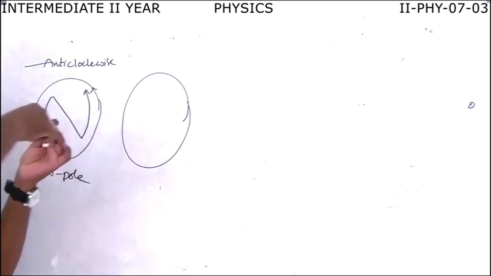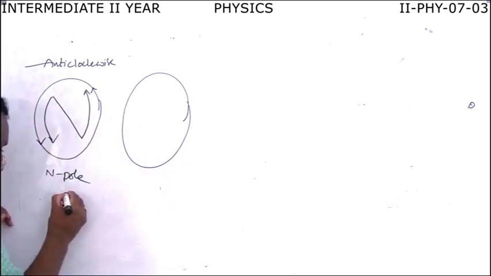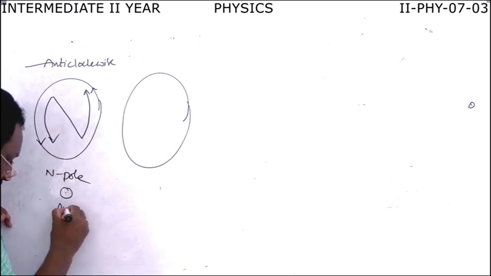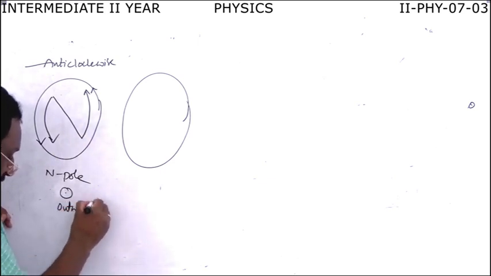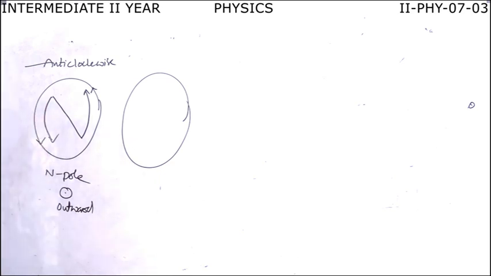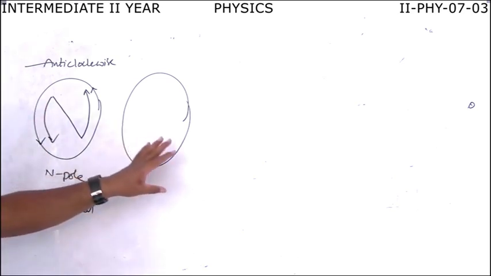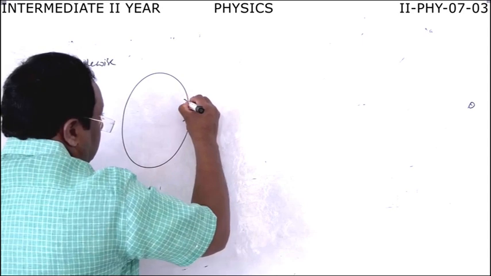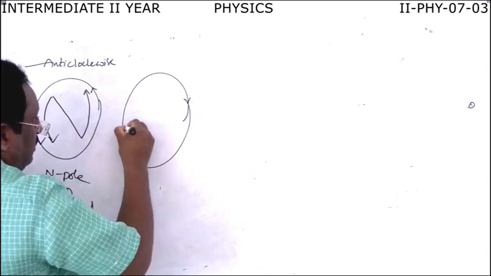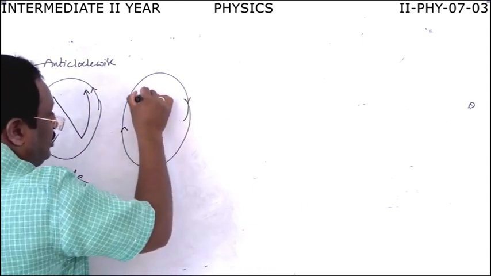The direction of magnetic field is perpendicular to the coil, towards us, so the symbol is like this: outward. Suppose the flow of electric current is clockwise, then the coil behaves like a south pole.